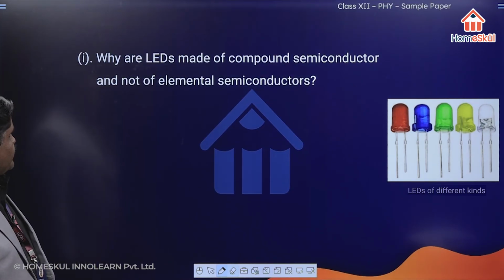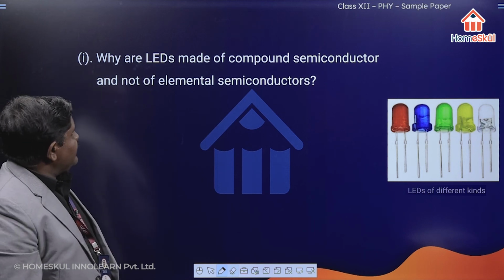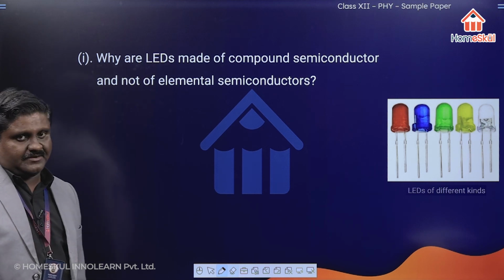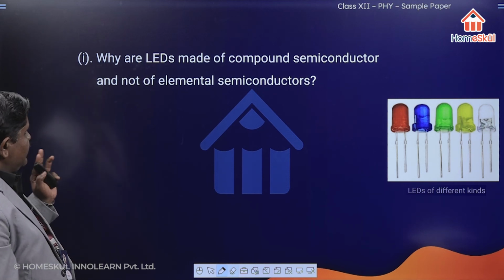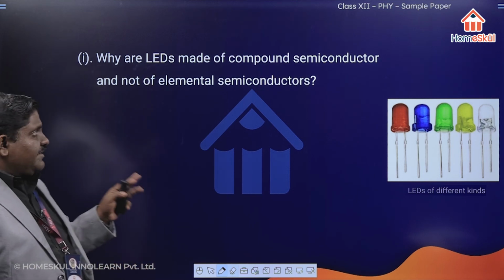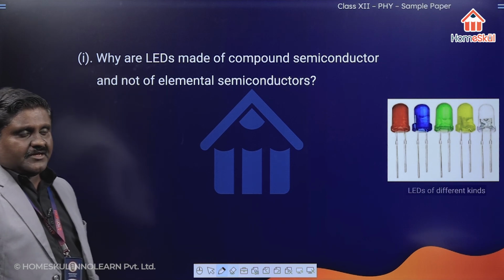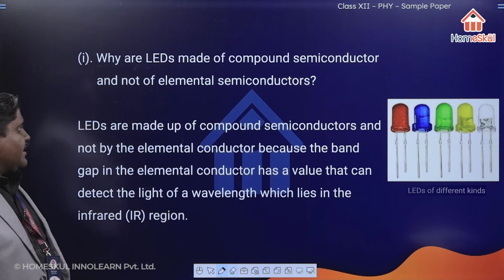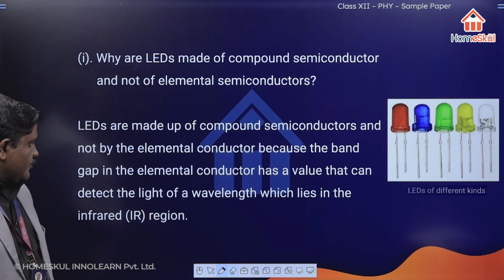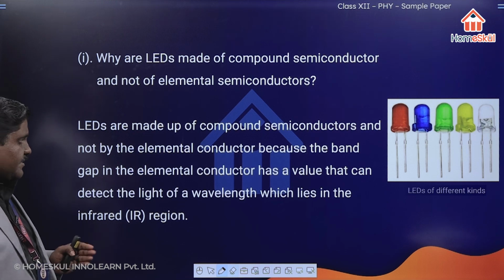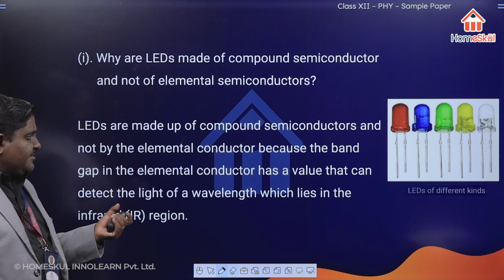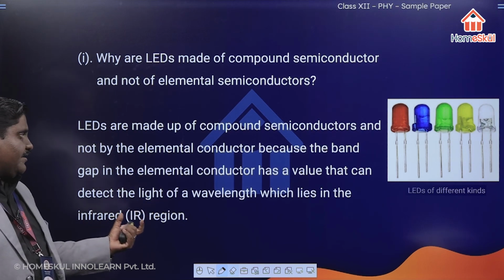Our first question: why are LEDs made up of compound semiconductors and not elemental semiconductors? That means LEDs are always made up of compound semiconductors, not elemental semiconductors. So the answer is: LEDs are made up of compound semiconductors and not elemental semiconductors because the band gap of elemental semiconductors has a value that can detect light of wavelength in the infrared region.